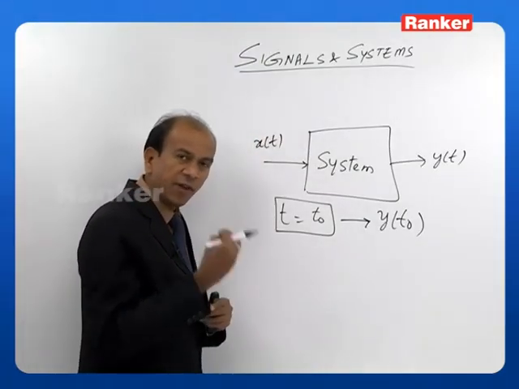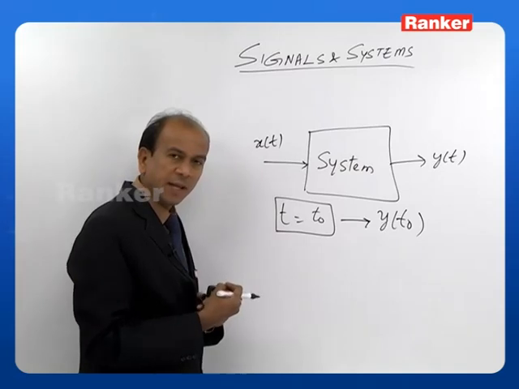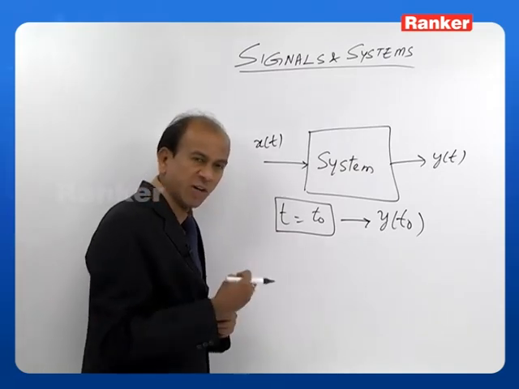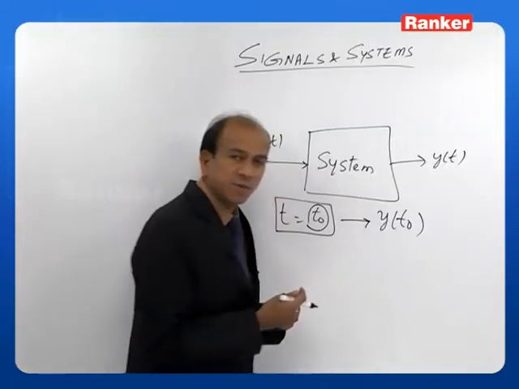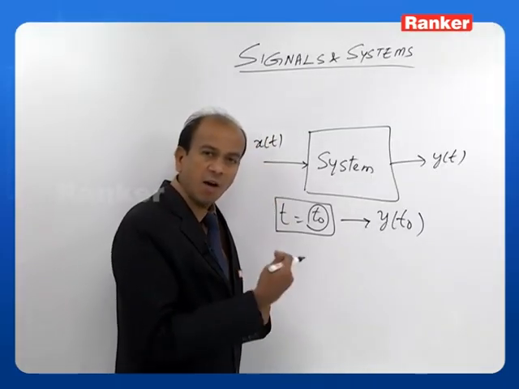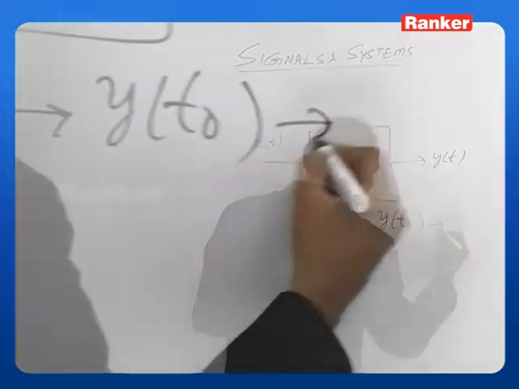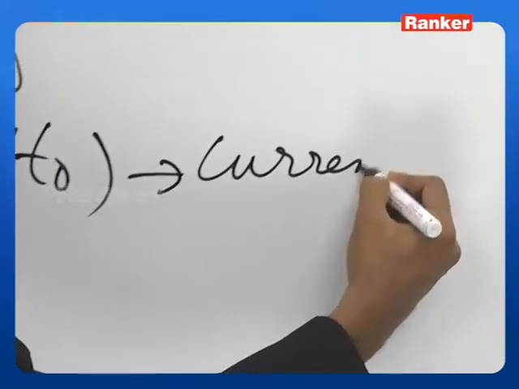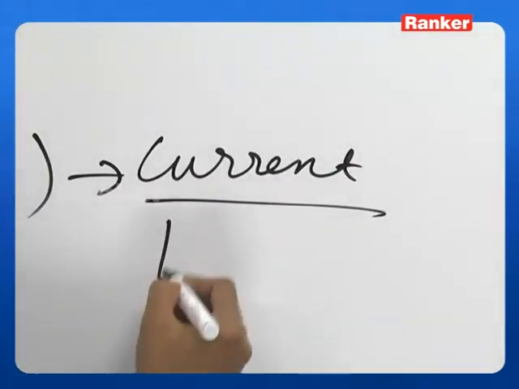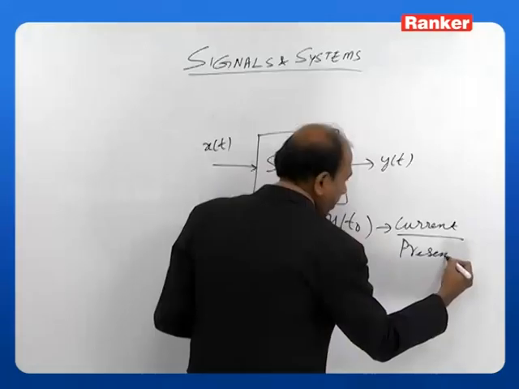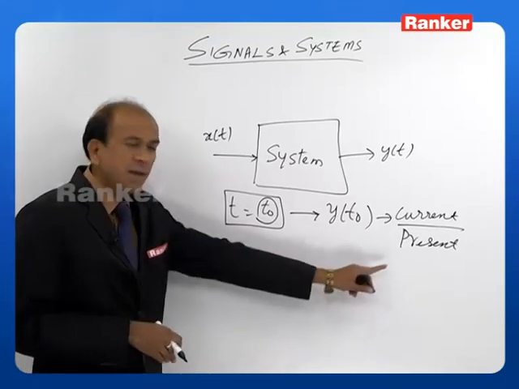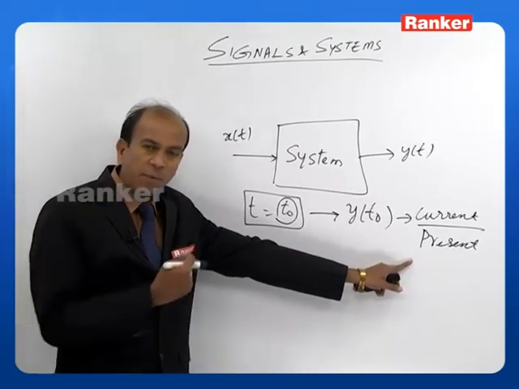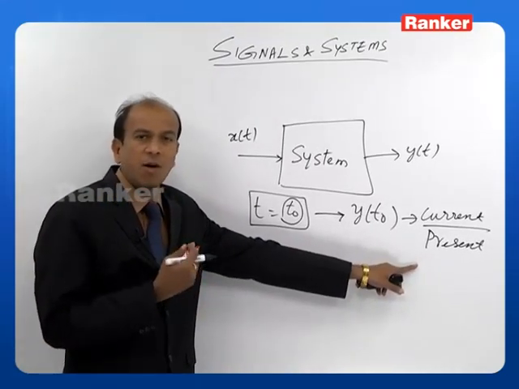This y of t0, where I am measuring at a certain time instant called t0, is called the current output, also called the present. So what I am measuring now is my present or current output.